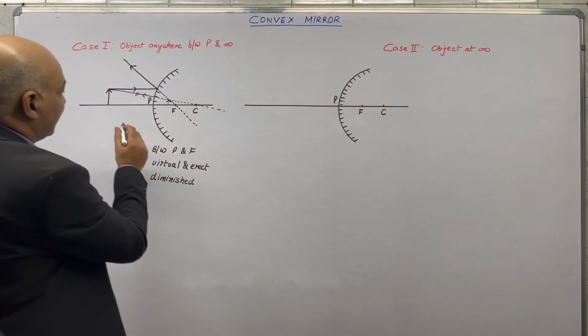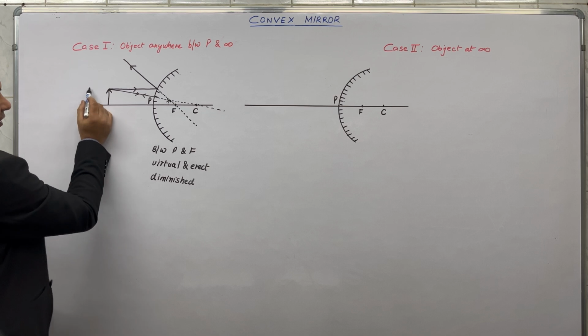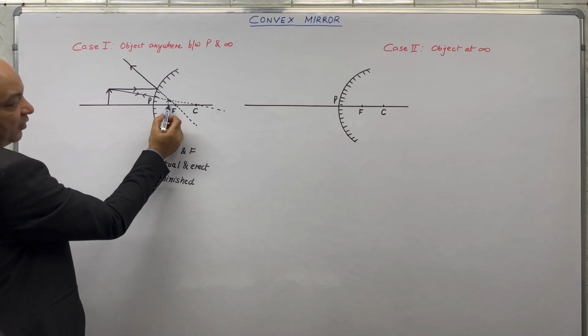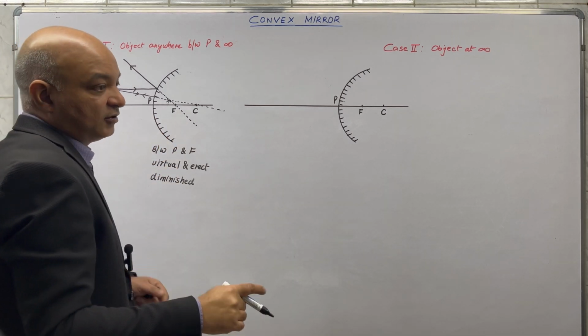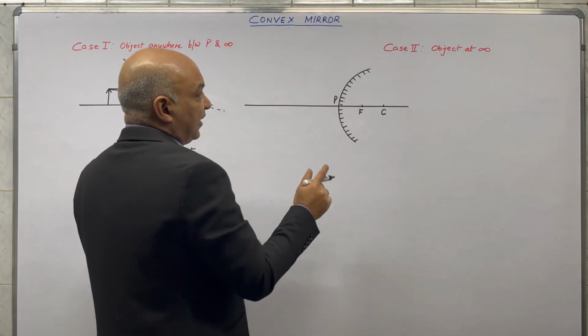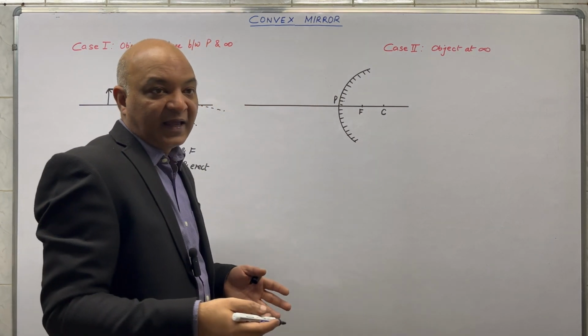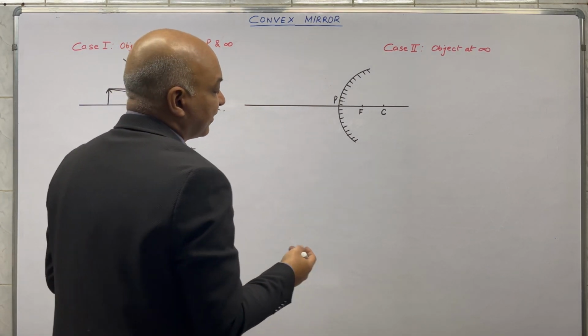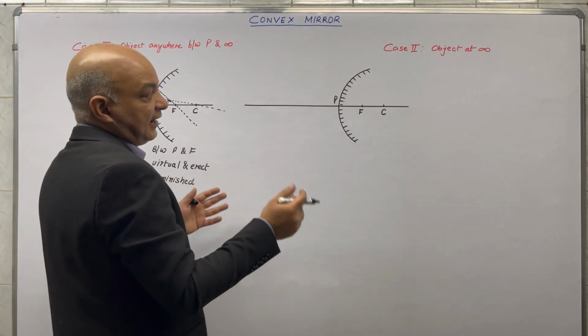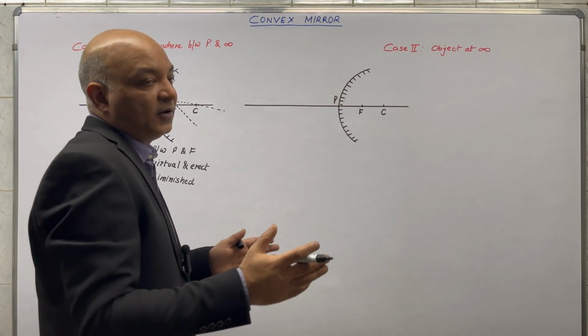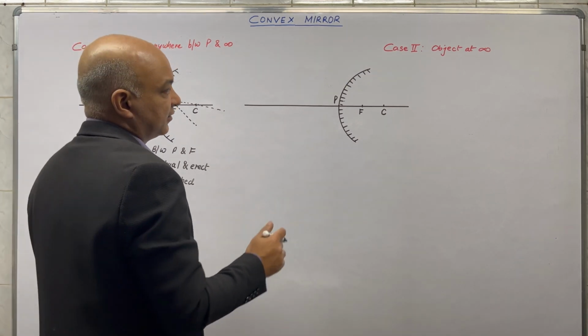So in case if I keep the object here, the image will move even closer to the focus and will become even smaller in size. So that way, if I keep some object at infinity, then the image will be formed exactly at focus and will be of point-sized nature.